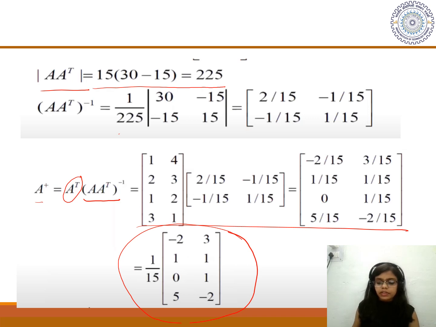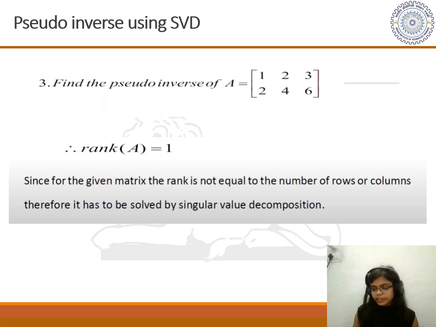Next, we are going to do one more example. Moving toward our third example, we have A equal to this matrix, and we can see that this is a rectangular matrix, and these two columns are linearly dependent. Also, the rows are linearly dependent. So the rank of this matrix A is 1.